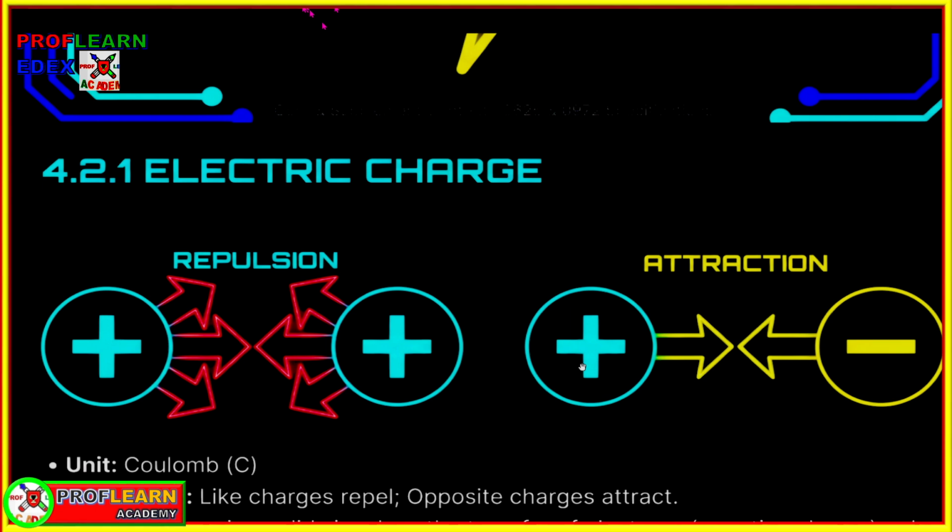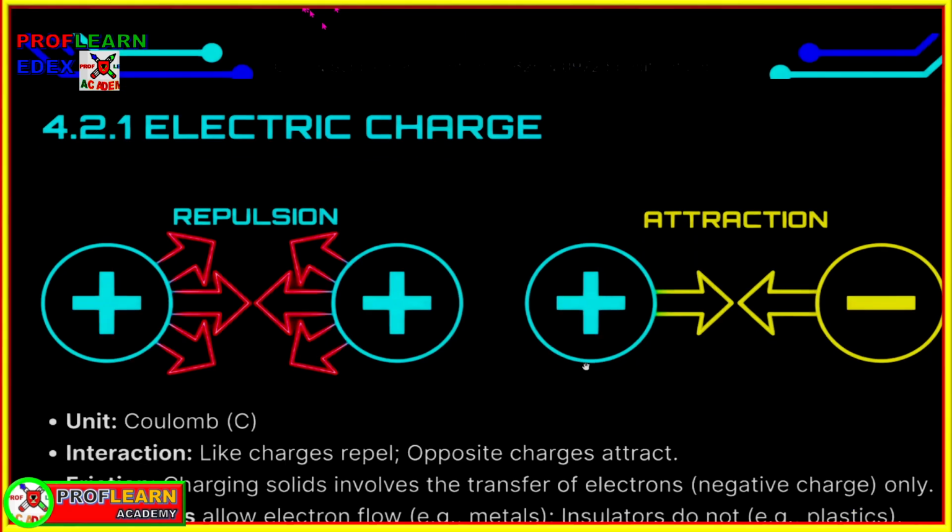You need to understand that there are two types of charges, which are positive and negative charges. You also need to understand the law of electrostatics, which states that unlike charges attract and like charges repel.